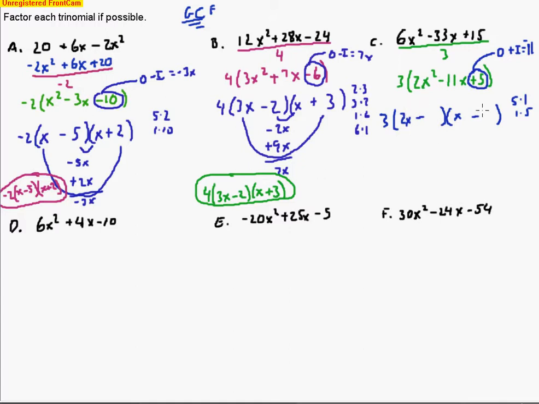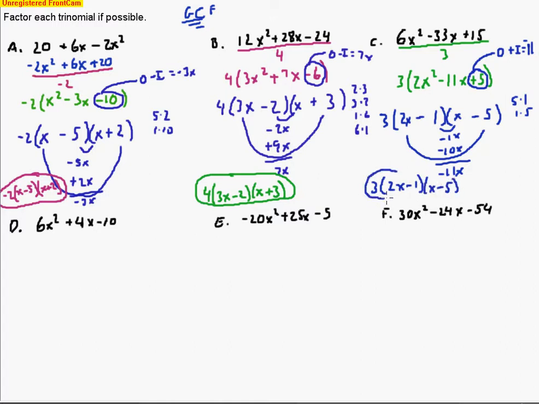So 2 times 5 makes 10, which is smaller than 11, and 1 and x make an x. And so let's check it out. We've got a -10x, we've got a -1x, and those numbers will end up adding to make -11x. So there's our answer. We've got 3 times 2x minus 1, and we've got an x minus 5.